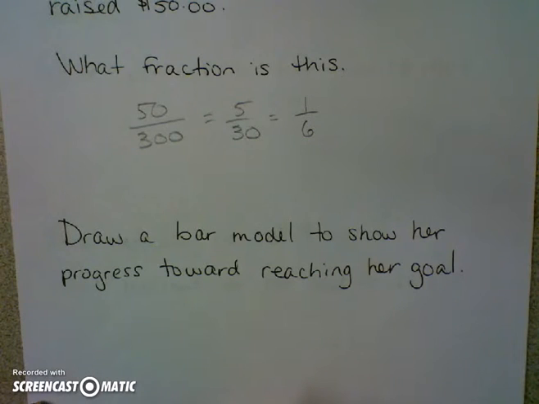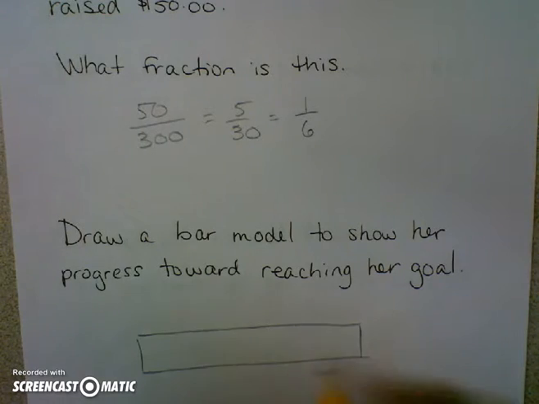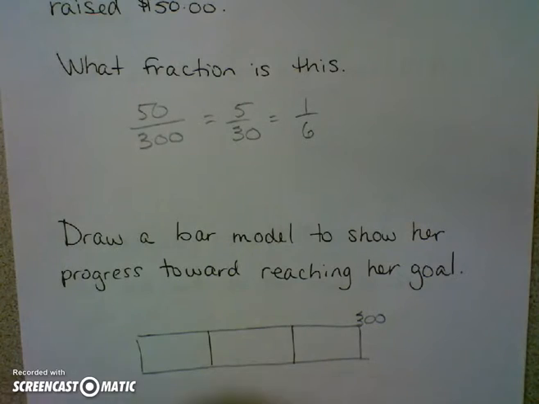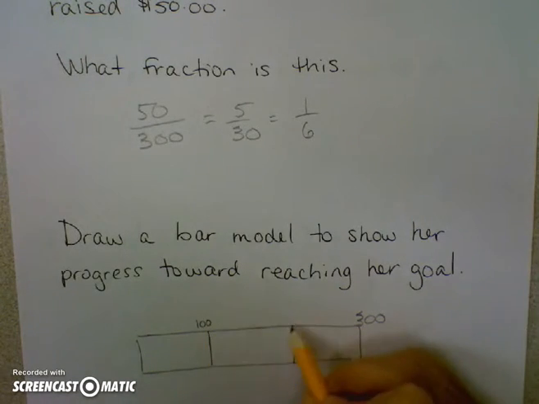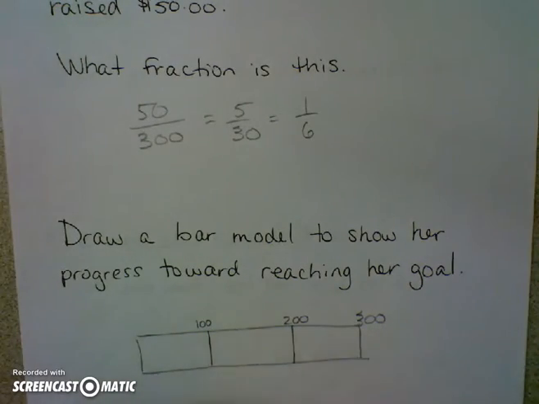It says to draw a bar model to show her progress towards reaching her goal. So again, we're going to represent it on a bar. My goal would be to raise $300, and I only raised $50. So I'm going to start by breaking it into $100 pieces. 100, 200, 300.